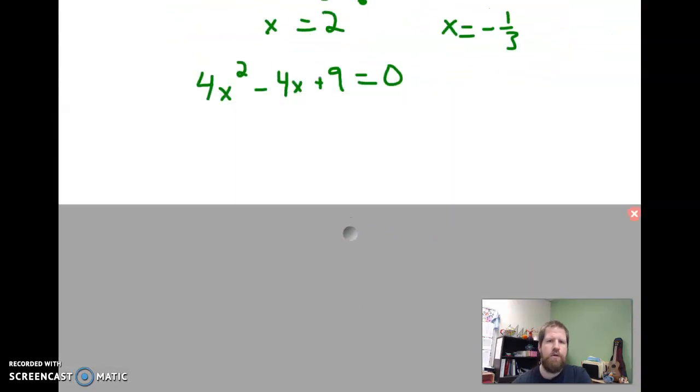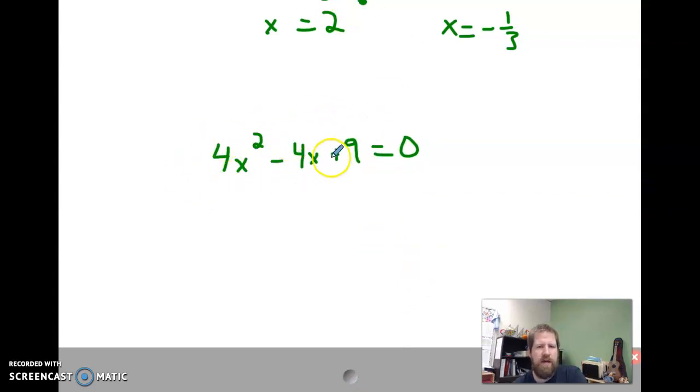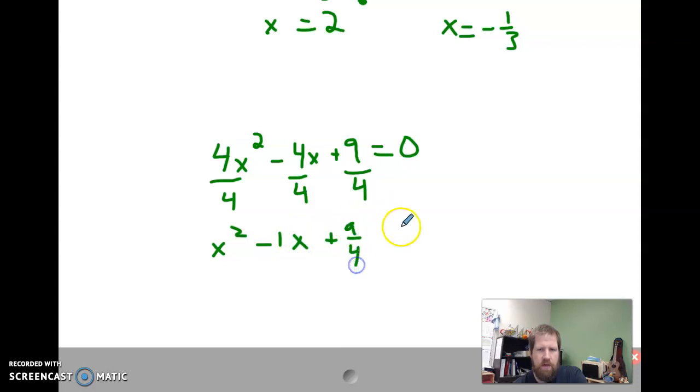Another one I wanted to show you, just to make sure that we remember they're there, is this one. So I've got my start, divide by 4, divide by 4, divide by 4. I get x squared minus 1x plus 9/4 equals 0, but actually in the same step I'm going to move that over.